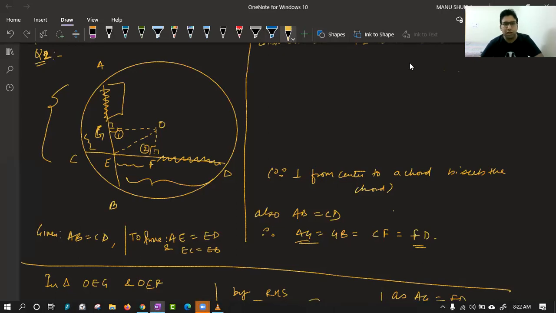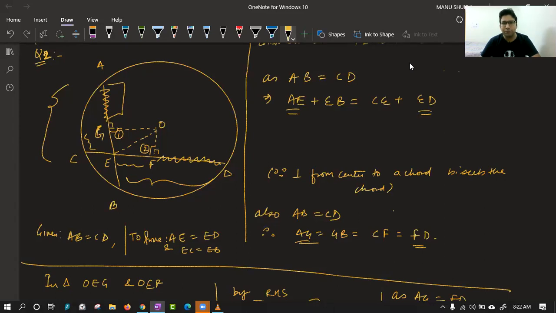Okay, so as complete AB is equal to complete CD, we can write this as AE plus EB is equal to CE plus ED. Now class, tell me, we have already proved this AE is equal to ED.